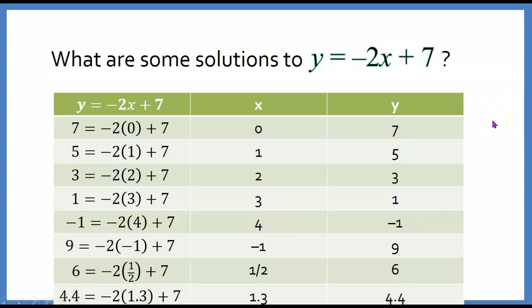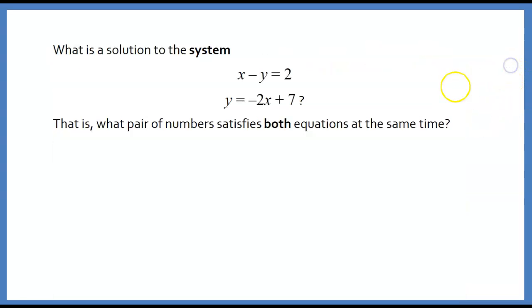So we've looked at two equations separately. Now let's put them together. What is a solution to the system x minus y equals 2 and y equals negative 2x plus 7? That is, what pair of numbers satisfies both equations at the same time?